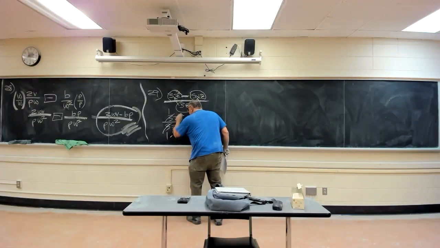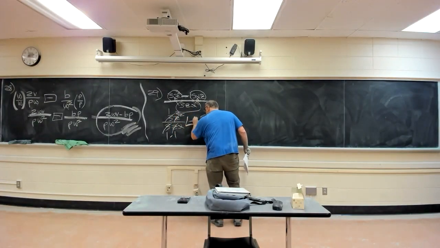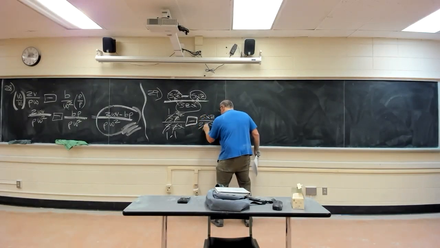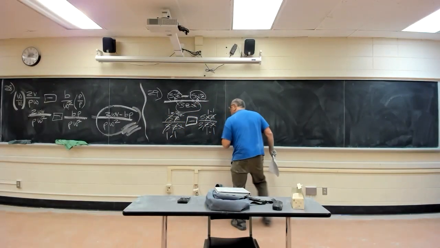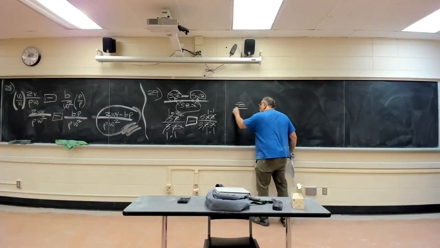Z cancels into here, just z times. There's your x. Z cancels. X cancels. 1 times z is z. 1 times 1 times x is x. So it's z over x.